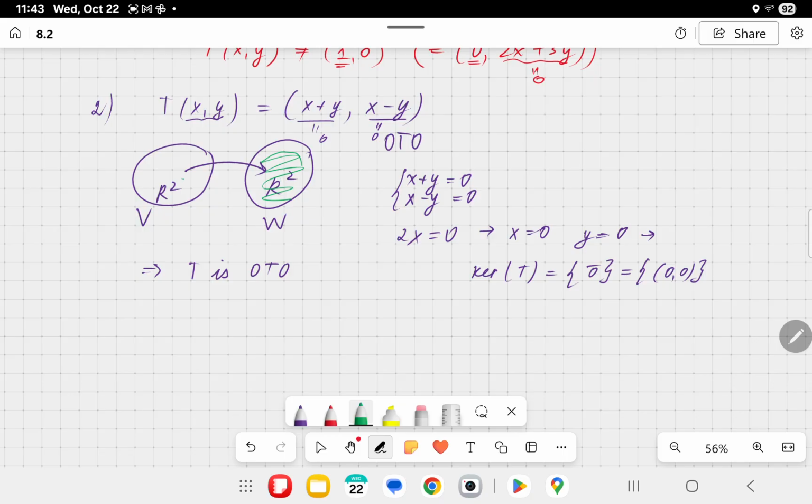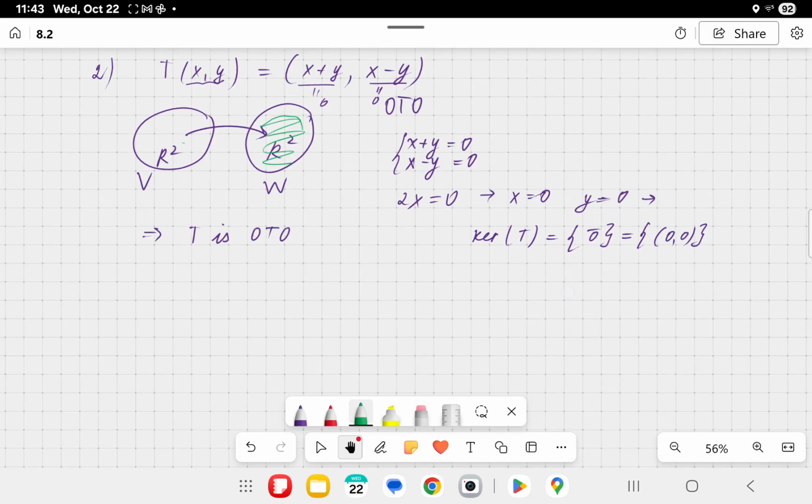Well, to check it, we again will need to solve a system of equations. Let's write it down. Let's imagine that a vector which belongs to this space has coordinates a and b. It's a two-dimensional vector. Like all of the space, it can be represented with a pair of two arbitrary numbers, a and b, right? Well, will we be able to find x and y which produce any a and b?